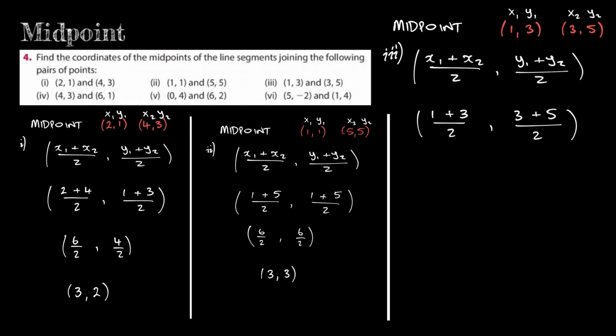Okay, tidy that up. 4 over 2, comma 8 over 2, because when we add them, we get 4, and when we add them, we get 8. 4 divided by 2 gives us 2. 8 divided by 2 gives us 4. So you can see there, that's my answer for part 3.